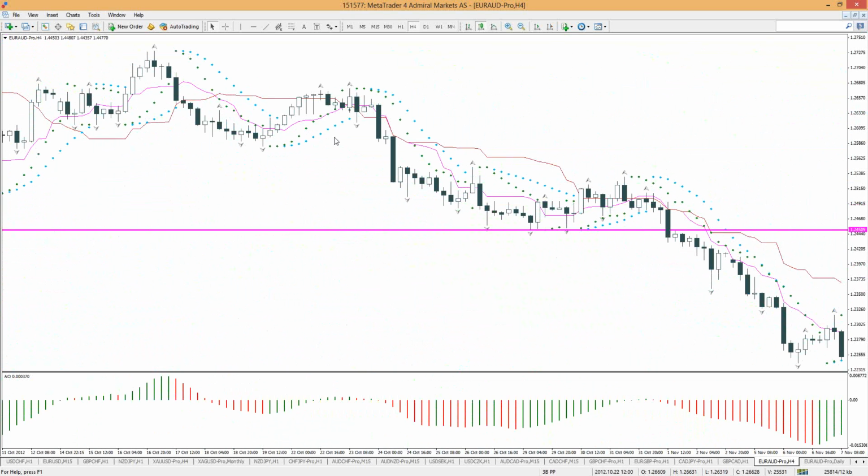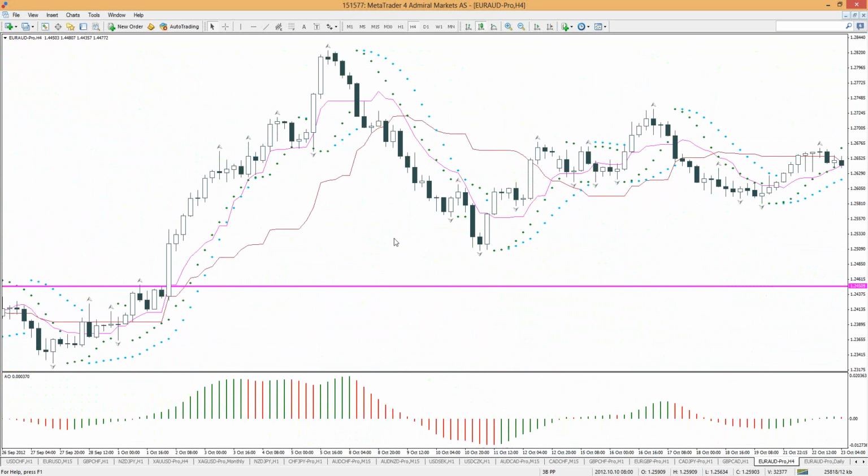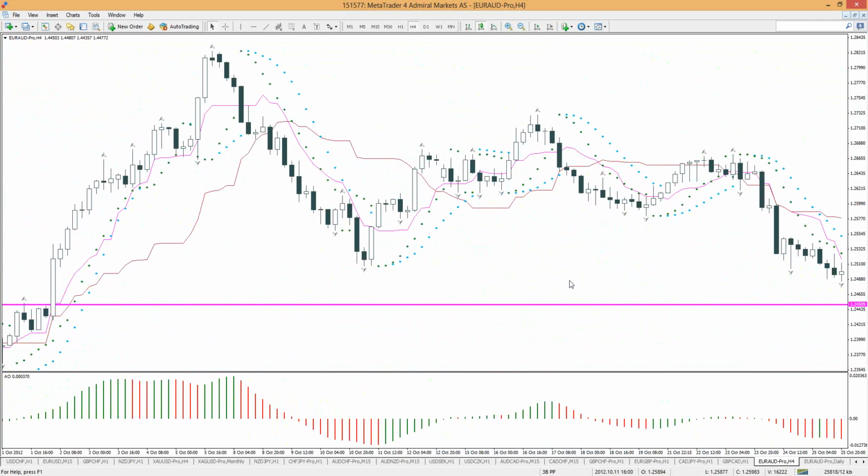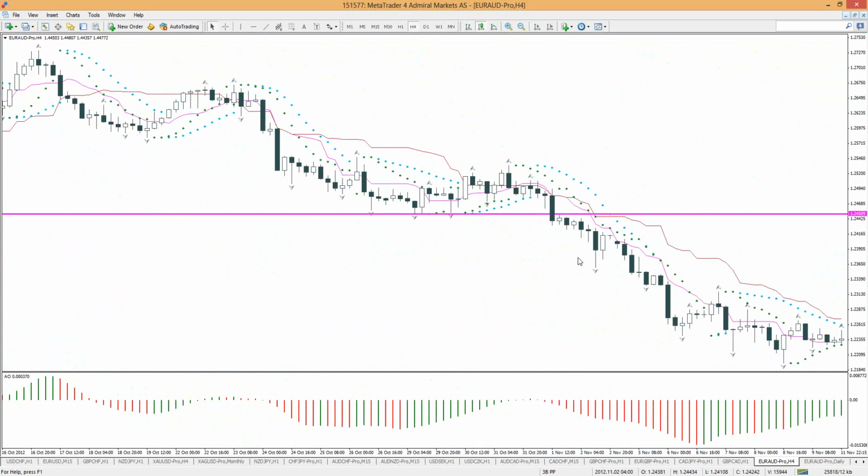Ironically enough, quite a lot of things get filtered out. On average, there were about 3 trades a month, so not a lot. But if you are able to add more pairs, then of course it would be a bit more opportunity as well.